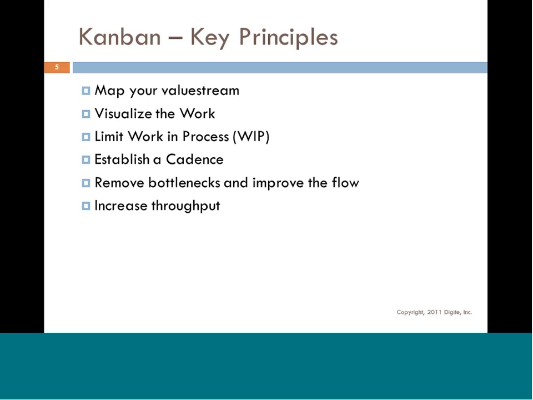Okay, Kanban key principles. These are the key principles of what Kanban is all about. One is map your value stream, which is very important. Whatever you're doing, whether you're using Agile, Waterfall, business process management, or document management, whatever your process is, map your value stream.